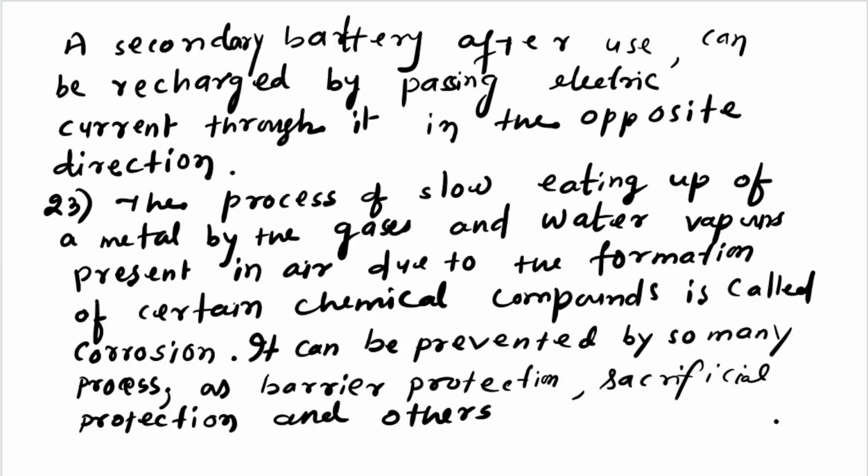Water vapor is present here, leading to the formation of certain chemical compounds. It can be prevented by many processes such as barrier protection, sacrificial protection, and other solutions. If you use those, corrosion stops.